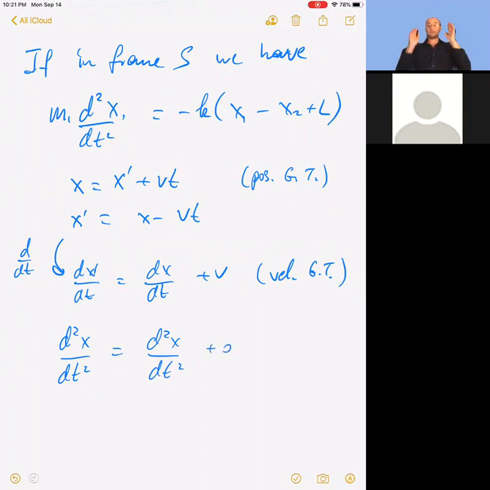So if frame S is an inertial frame, and frame S prime is moving relative to S uniformly, it's also an inertial frame. If the second frame is moving uniformly relative to the first frame, then while the velocities would be different, the accelerations would not be.